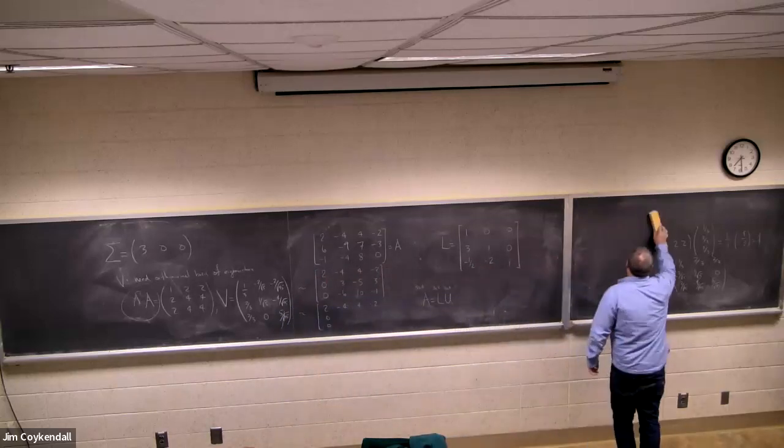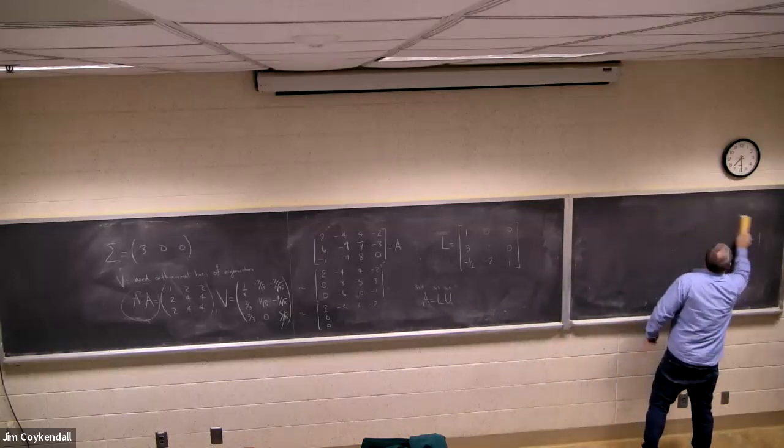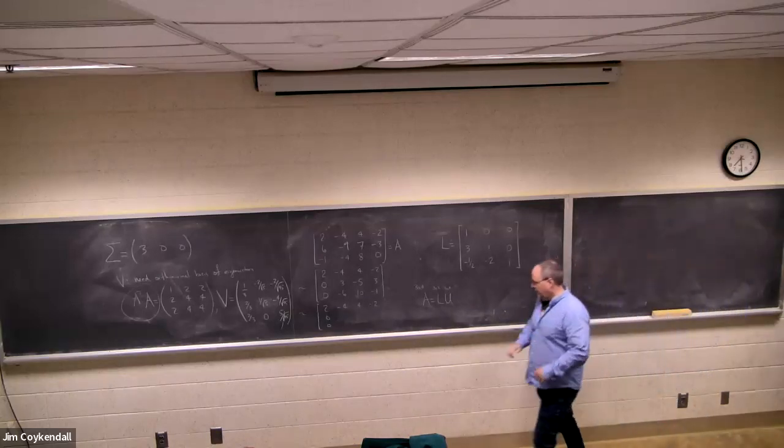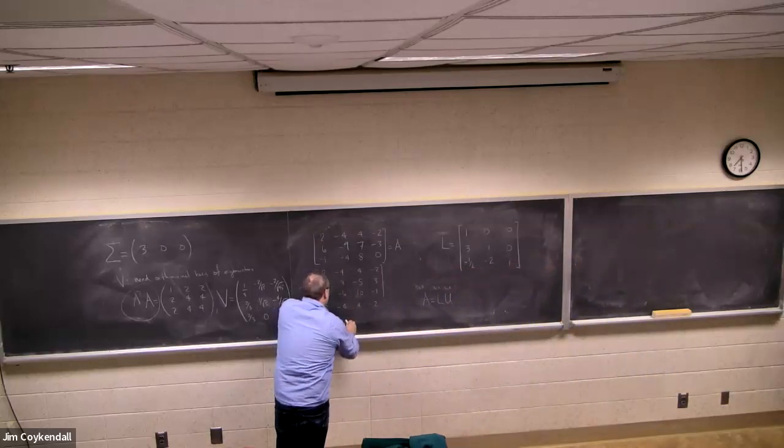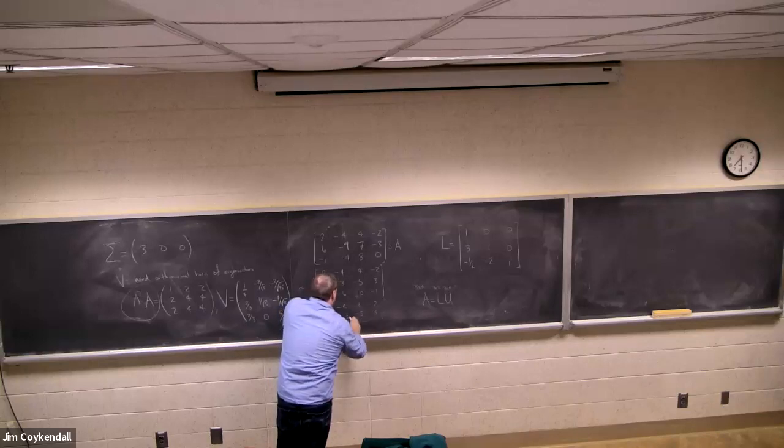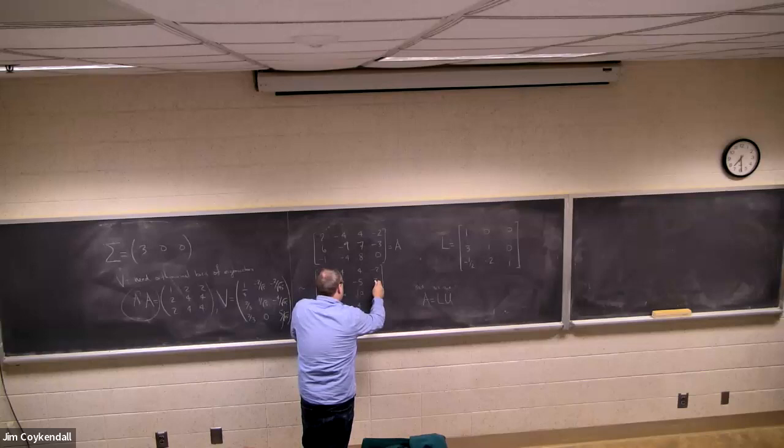And we'll see if this works. See how to do it. This is going to be 3, minus 5, 3. When I multiply this by 2 and add, I get 0, 0, and that's going to be 5.